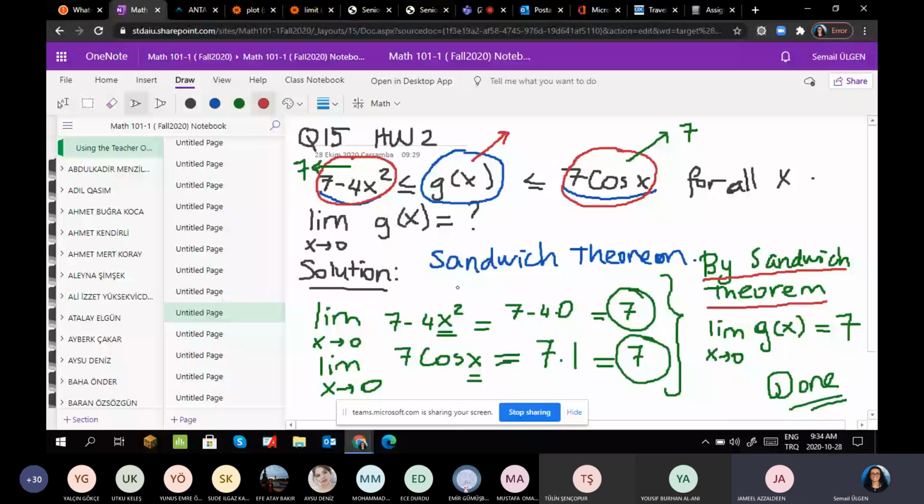You just plug in the x value because x approaches 0. Whatever the x goes to, we put it in here.